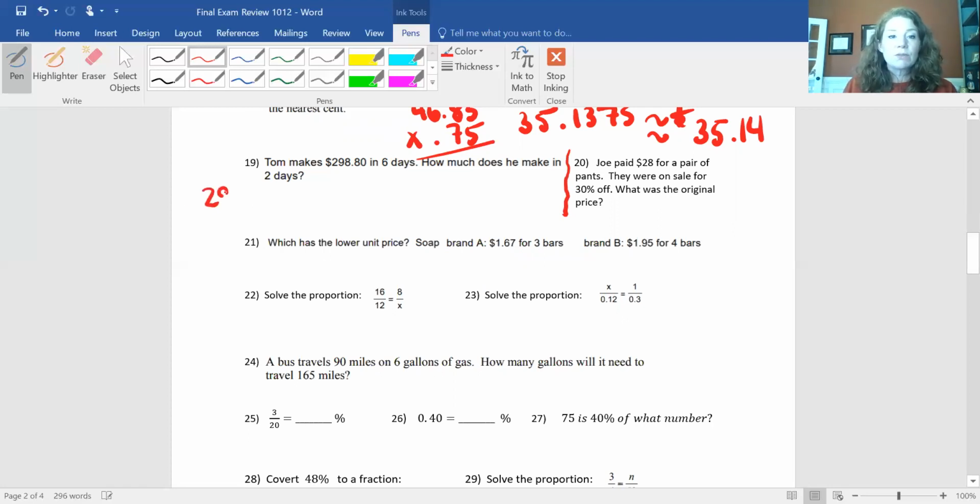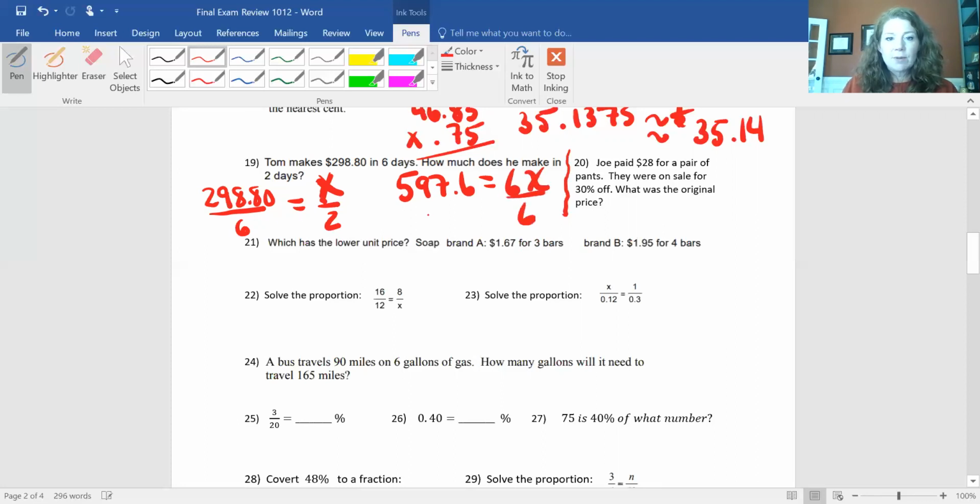So in 6 days, he makes $298.80. And we want to know how much he makes in 2 days. So I got my days together and my money together. So I could think of this question mark as an X, and I could cross multiply and then divide, right? So I'm going to multiply 298.8 times 2, and that is 597.6, equal to 6x.